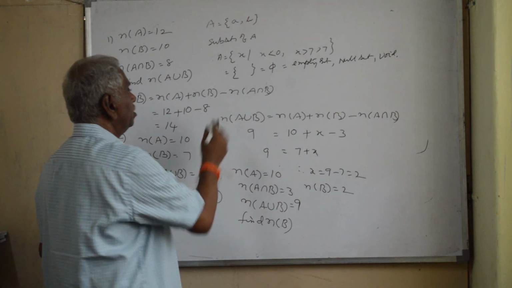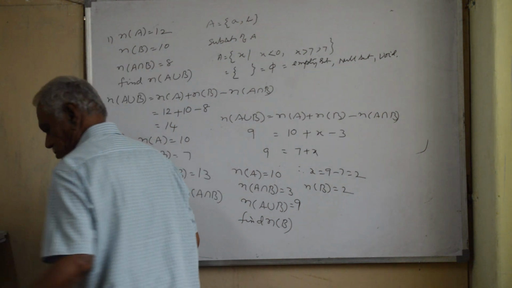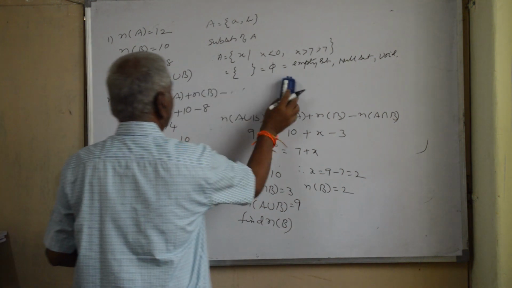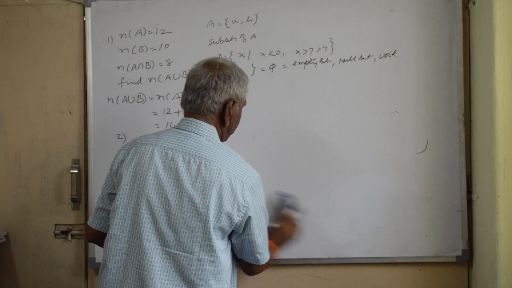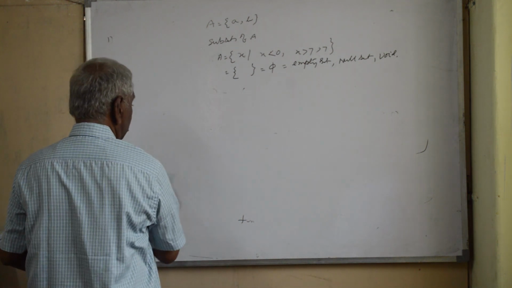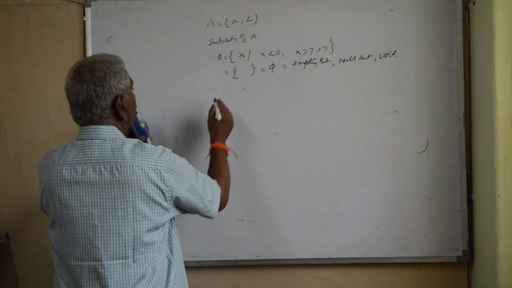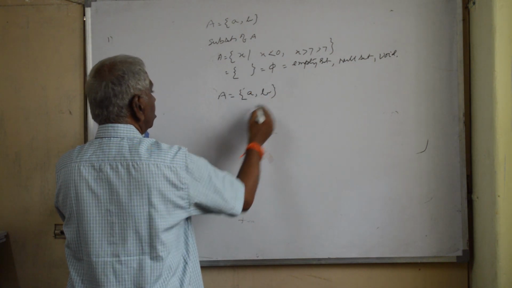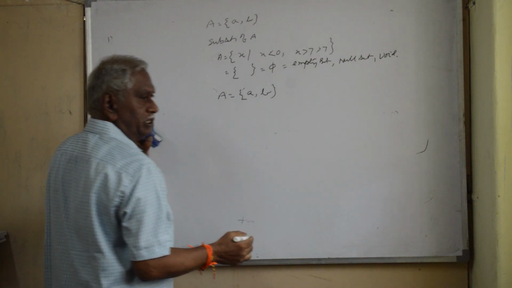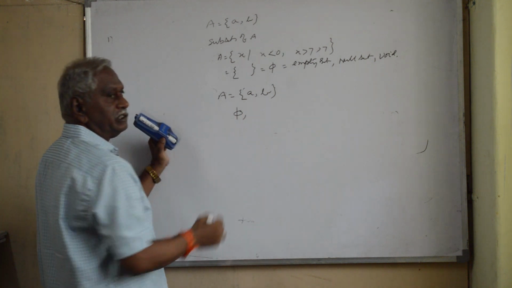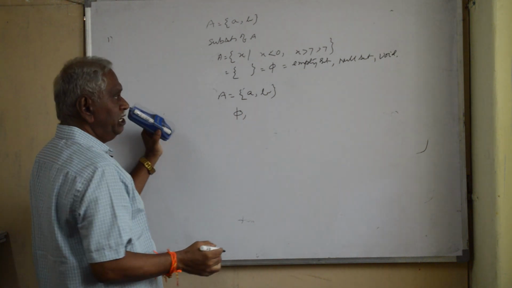So we want to find the subsets of the set A. How to find the subsets of the set A? Let A be equal to {a, b}; we have taken two elements. Phi is a subset of every set because it has no elements.